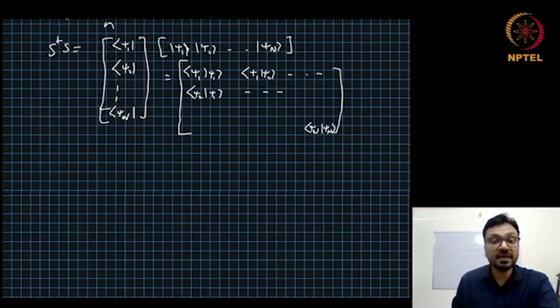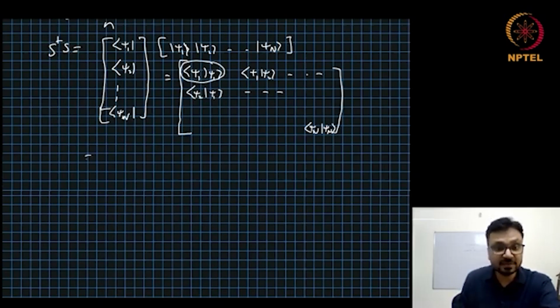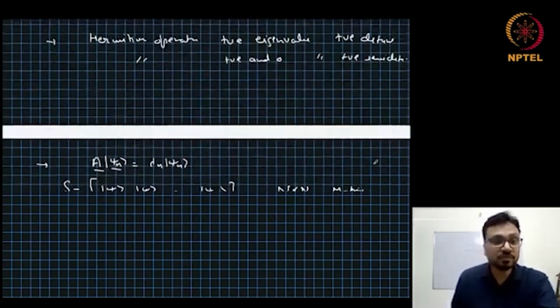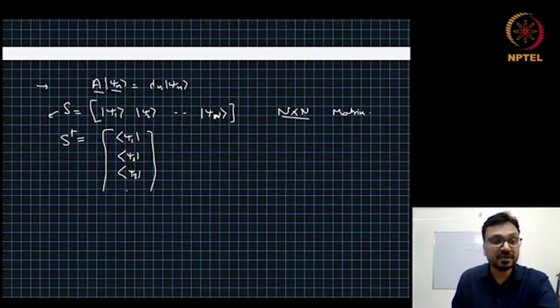Now the psi's are orthonormal, so only the diagonal elements will be 1, everything else will be 0. So the matrix will be 1, 1, 1, and so on, and 0 everywhere else, which means identity. So from here we can see that S dagger S equals identity. So somehow the matrix S turned out to be unitary.